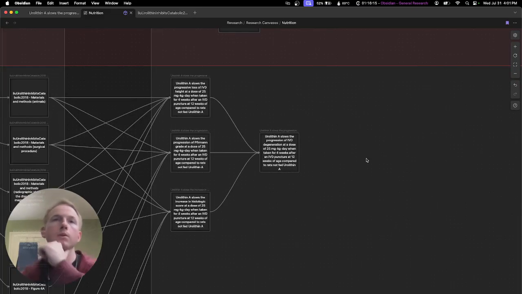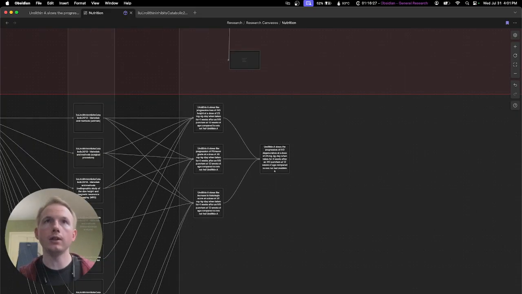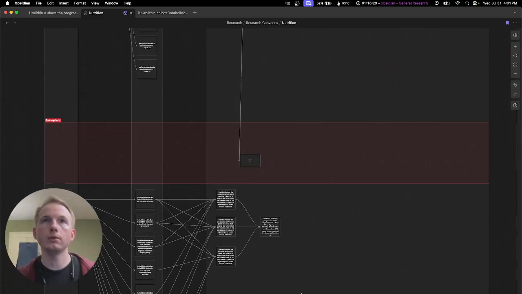And now I have something more usable, because I'm more interested in overall disc degeneration and the potential of Urolithin A to slow or prevent the progression.